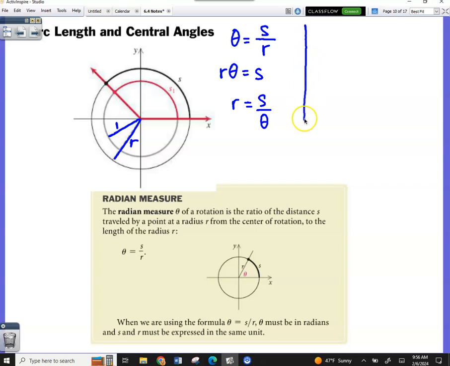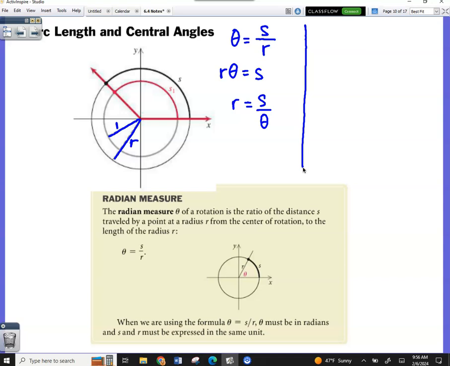Now come over here and look at this. Draw a big old line. Now you might be thinking, where did this come from? Did they just pull it out of thin air? Where did this relationship come from? It came from a proportion from this very picture right here. Notice S sub 1 is in the same general area as S, but S is clearly bigger because of the longer radius, right?